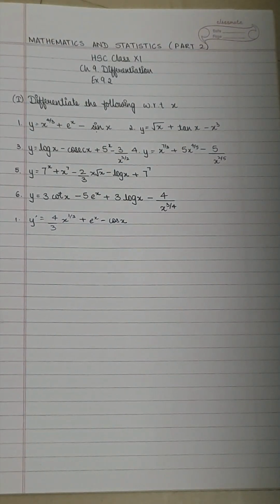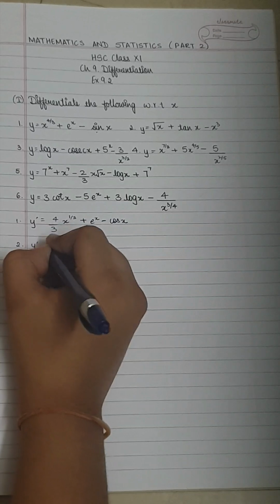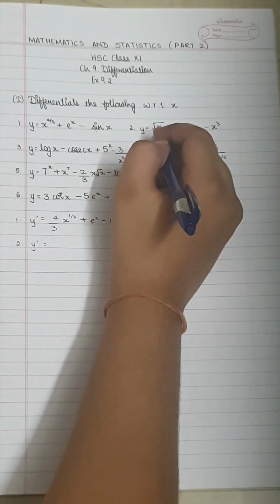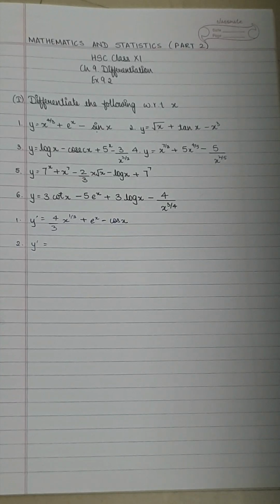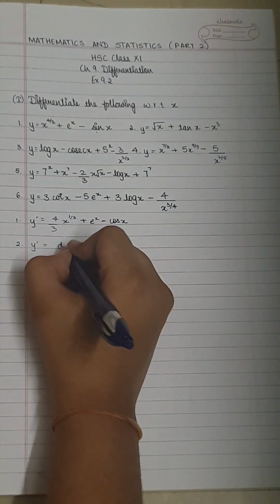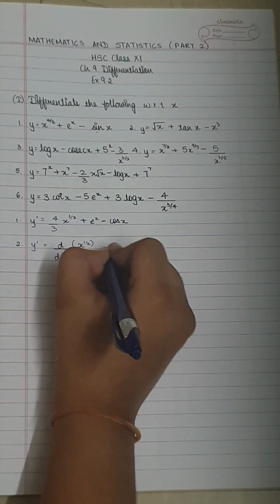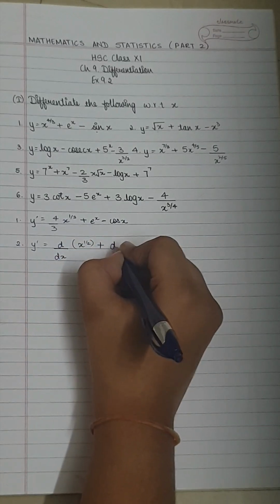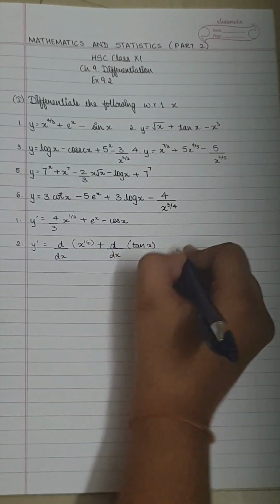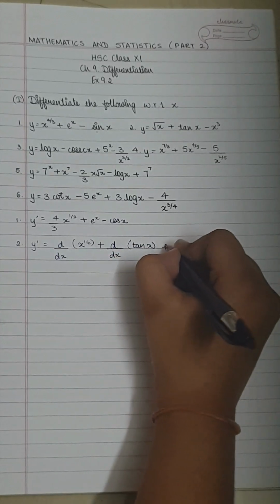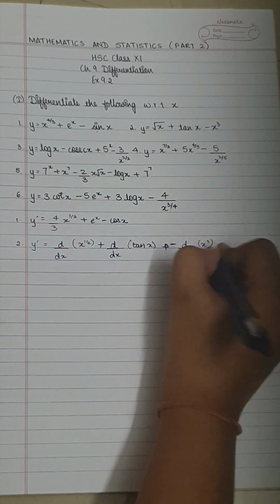Now if you want to make it seem more elaborate, what you'll do is, let's see in question 2, y dash equal to, now x under root x can be written as x raised to 1 by 2, so you'll write d by dx of x raised to 1 by 2 plus d by dx of tan x minus d by dx of x cube.